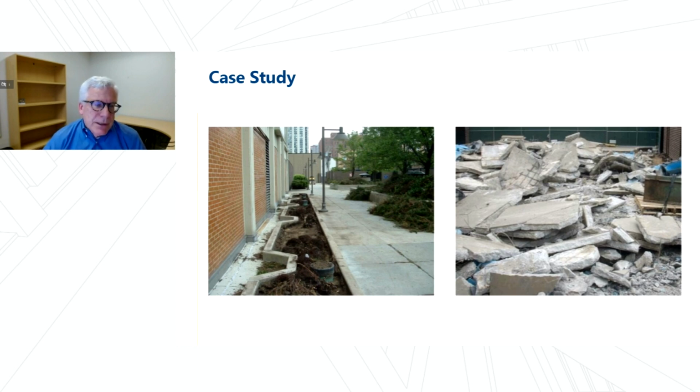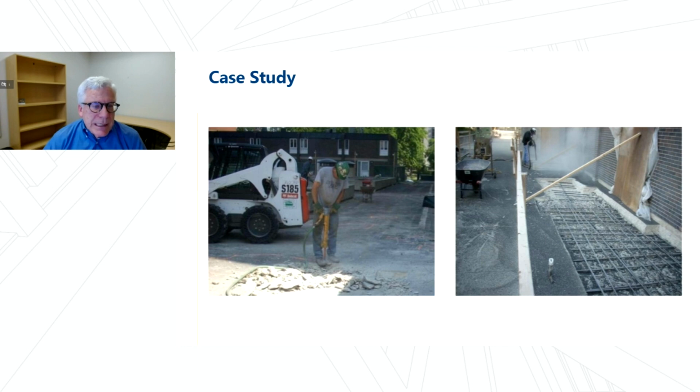The first thing is on this one, the membrane had been well past its service life. Flashings were failing. There were many other things going wrong. So the idea was remove and replace. Many things stayed similar. Some things were updated. Obviously, the waterproofing was done and concrete repair was done. There've been several questions on that.